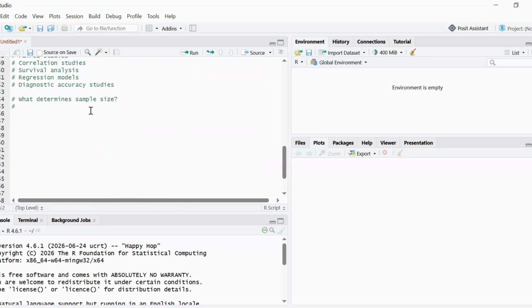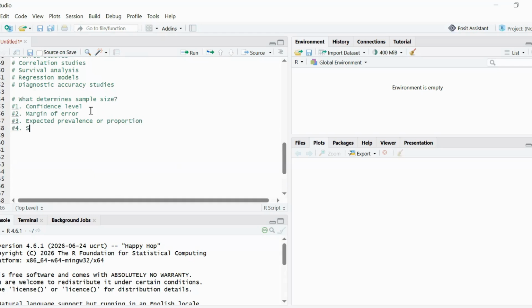These factors are: number one, confidence level; second, margin of error; third, expected prevalence or proportion.